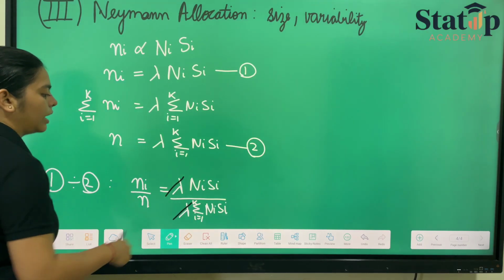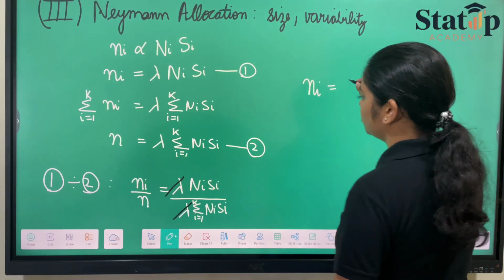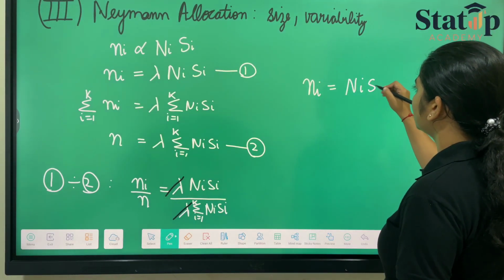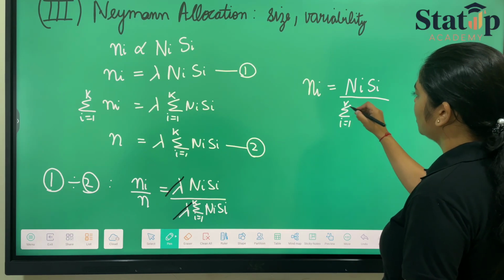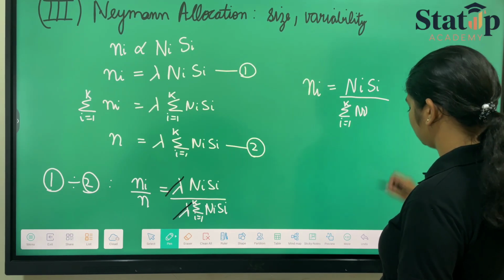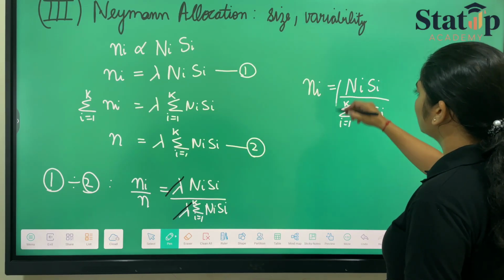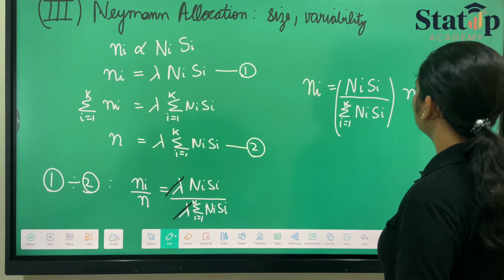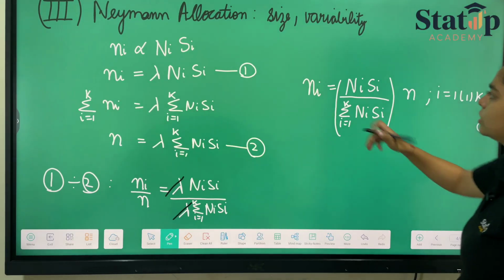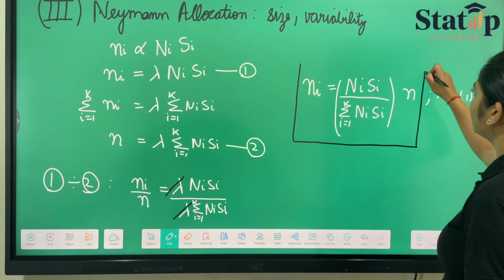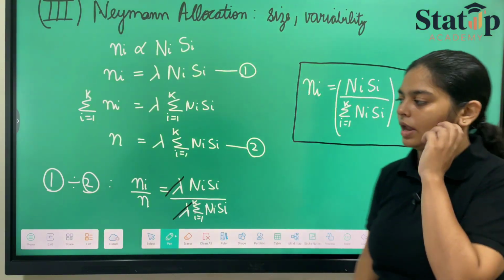Now lambda is cancelled and we are left with ni is equal to capital Ni into Si upon summation i goes from 1 to k capital Ni into Si, multiplied by n for all i goes from 1 to k. This is the formula for selecting the sample according to the Neyman allocation.